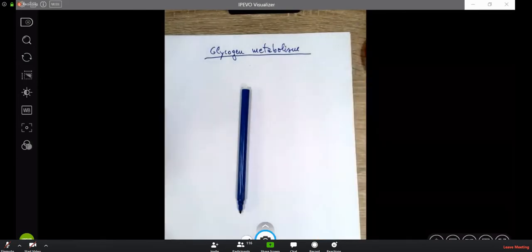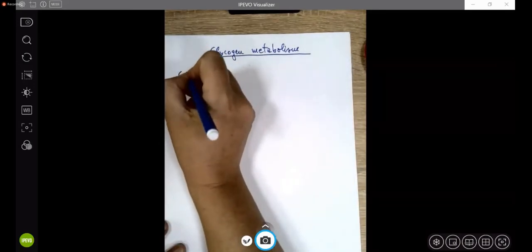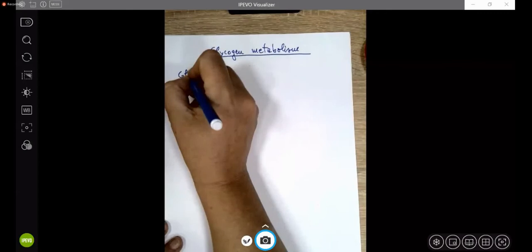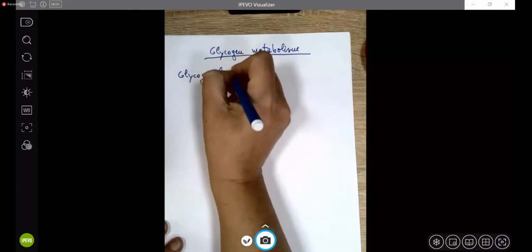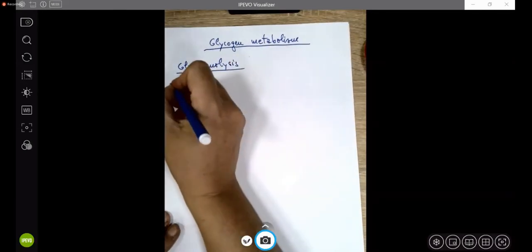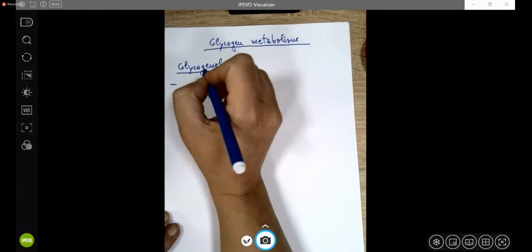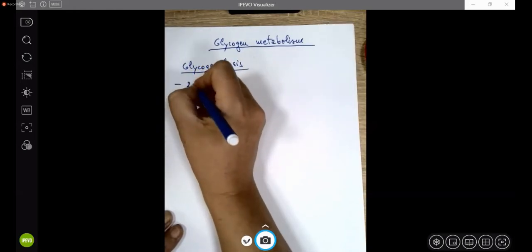Okay. So, glycogenolysis. In order to break down glycogen, we need two enzymes.